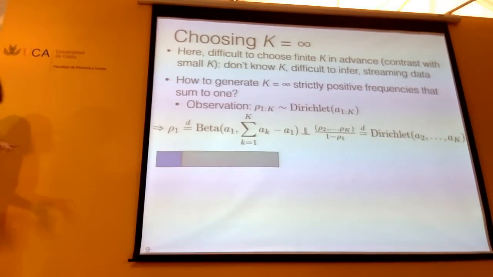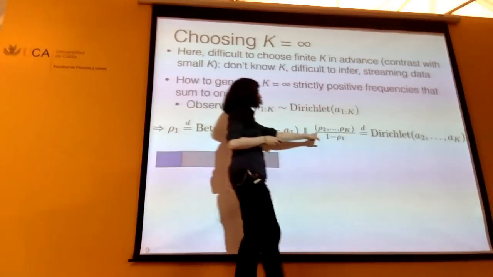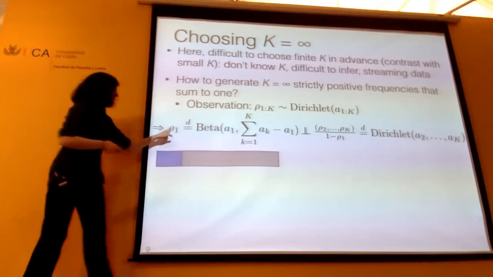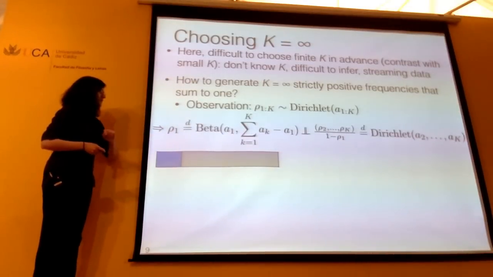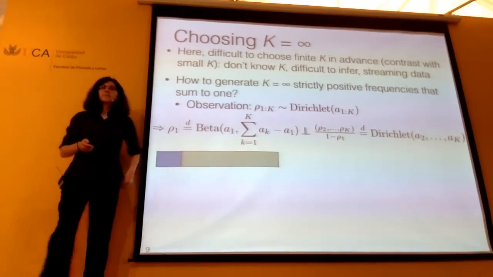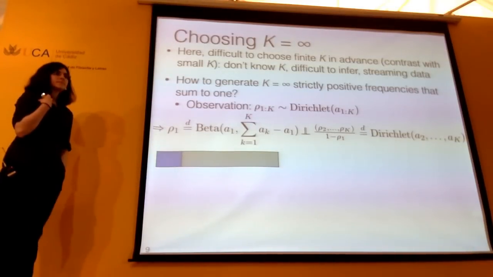But it's not too crazy, right? I mean, this is giving you a distribution with k minus 1 components over 0 to 1. This is giving you a frequency between 0 and 1. And so at least this seems plausible. Yeah? But unless I'm mistaken, it's fairly easy to convince oneself that that has to be the case.